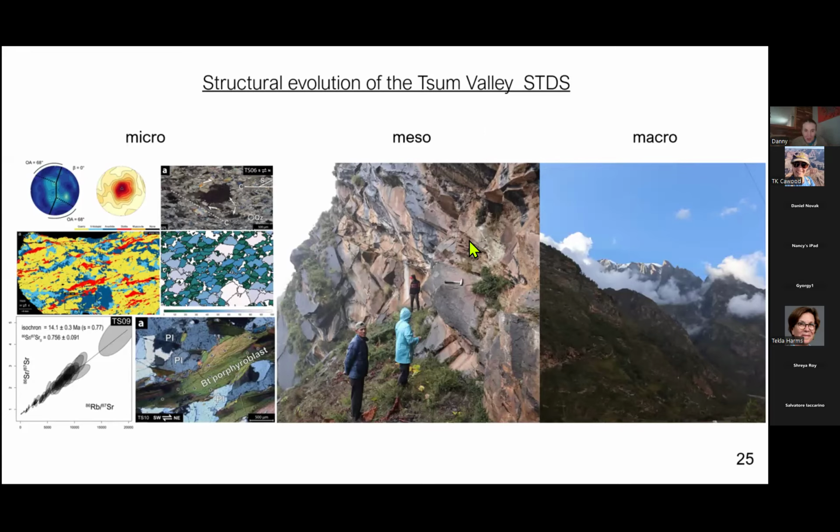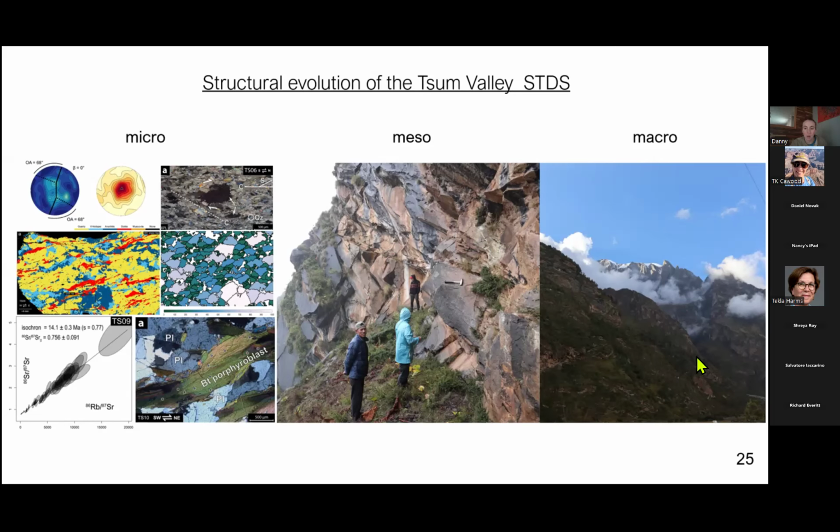Now it's time to pull them all together and present the structural evolution of the detachment system. To do this, we need to use the concept of self-similarity. This is the property where geological materials or structures exhibit very similar patterns across geometry and across different scales, from the microscale all the way to the macro scale.